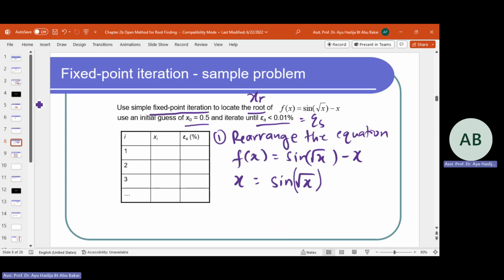Now this is the equation that you need to use. So x here will be your x new. So the right hand side will be your x old. Correct? f(x) just now is 0.